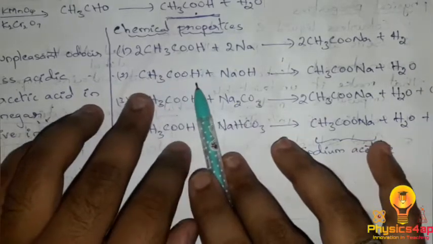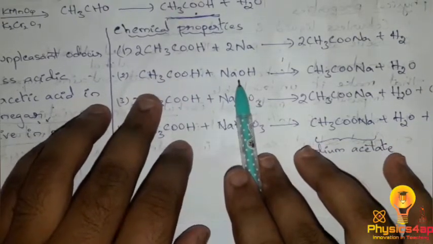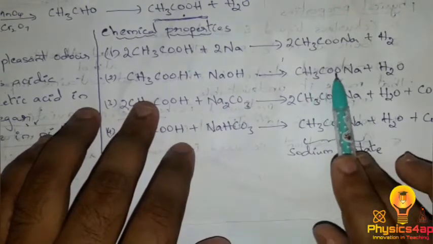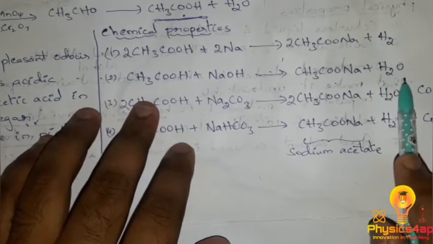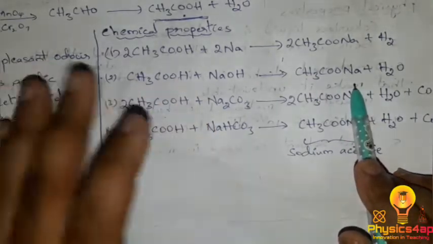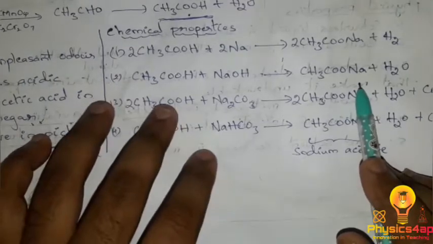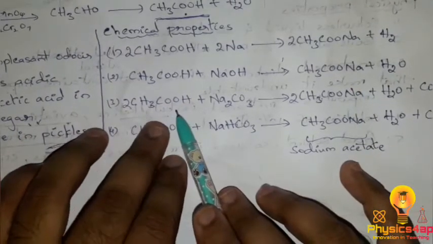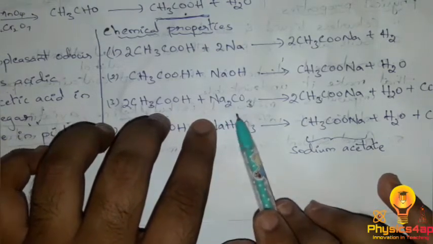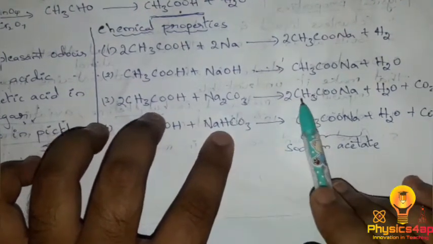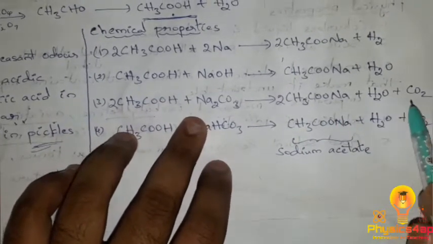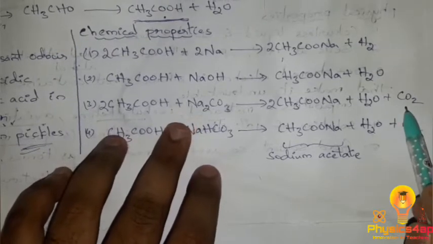When acetic acid reacts with sodium hydroxide, which is a base, we get CH3COONa plus H2O. This is also called a neutralization reaction, which comes under the acids and bases topic. And when acetic acid reacts with sodium carbonate, Na2CO3, it converts into CH3COONa plus H2O plus CO2, carbon dioxide gas is released.